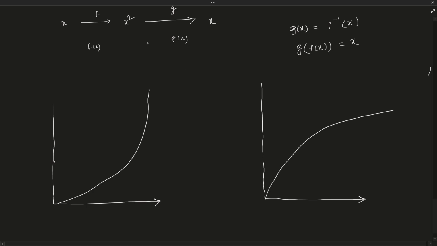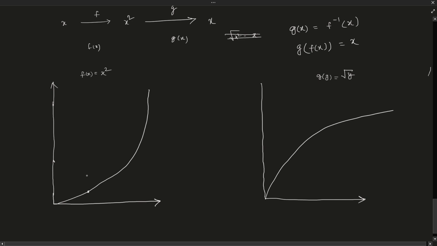This is our f of x equals x square, and this is our g of y equals root y. As we have seen before, we got x square, then we got x again, since root of x square is x.